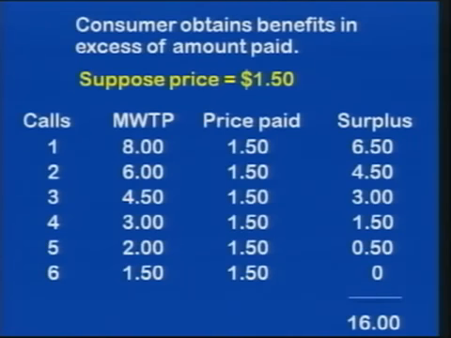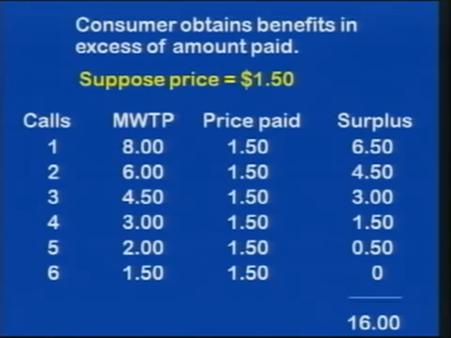Okay? So for the first call, this person's willing to pay $8 for that call. If the price is $1.50, let's suppose the price is $1.50, then they're actually getting a surplus. They're getting a benefit from buying that call in excess of what they actually have to pay: the difference between their maximum willingness to pay and what they actually have to pay.